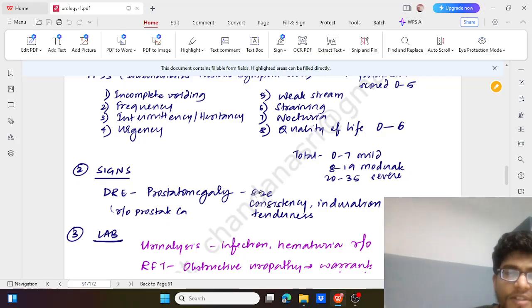So prostate which is felt anteriorly in the DRE examination, if the surface feels flat, then it is grade 1. If it is slightly enlarged but the examining fingers can reach the top of the swelling, then it is grade 2.